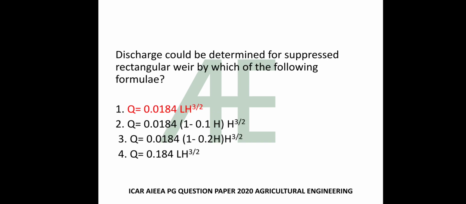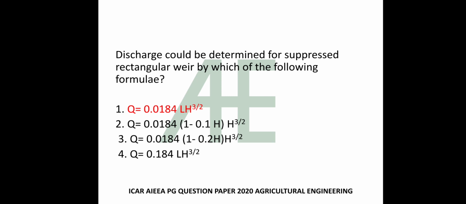Discharge could be determined for a suppressed rectangular weir by which of the following formulas? Q is equal to 0.0184 LH raised to 3 by 2; Q is equal to 0.0184 (1 minus 0.1 H) into H raised to 3 by 2; Q is equal to 0.0184 (1 minus 0.2 H) H raised to 3 by 2; Q is equal to 0.184 LH raised to 3 by 2.